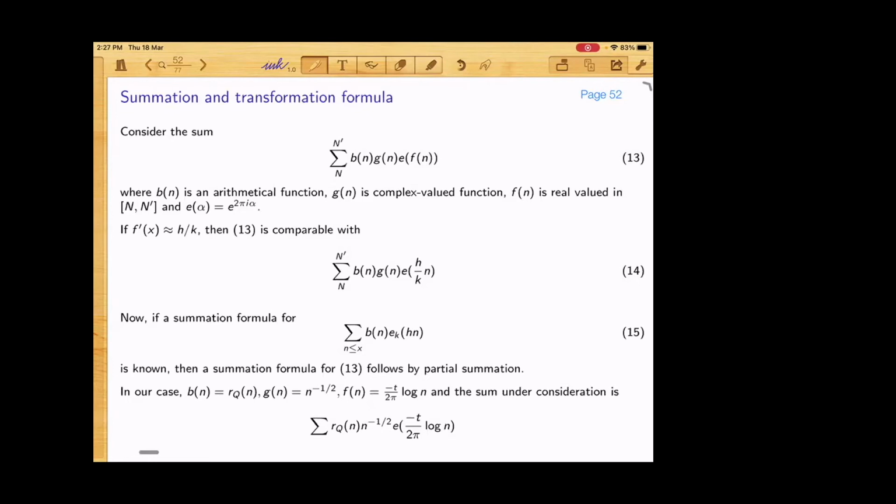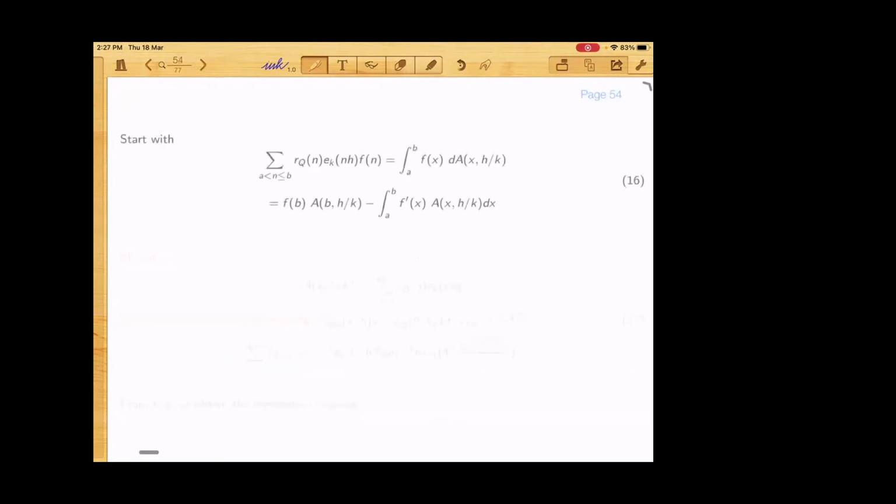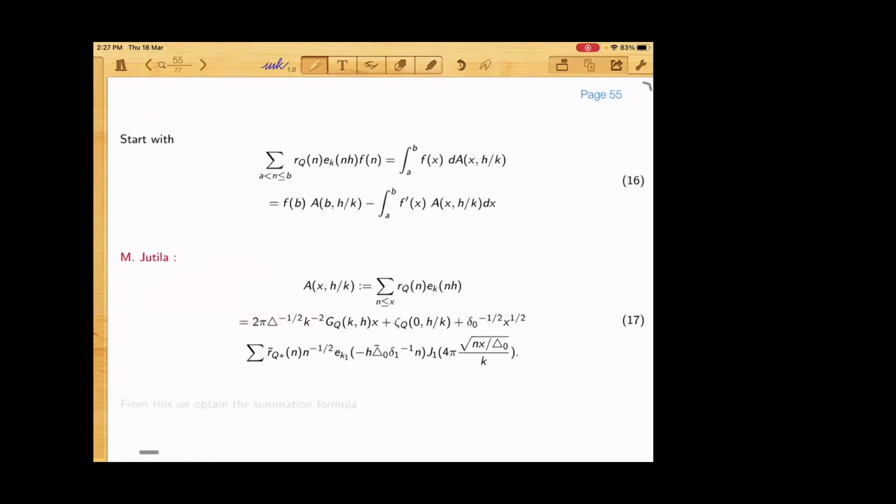Therefore we look at the sum of r_Q(n) n to the power minus half, e to the power 2 pi i times minus t by 2 pi log n. So once we have a formula for this one, then one can sum this one by partial summation.